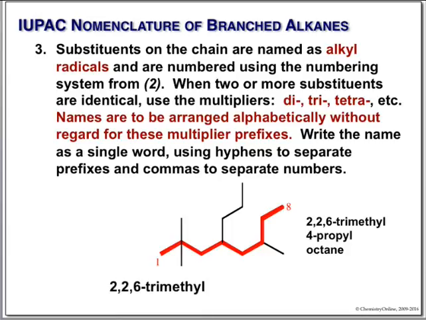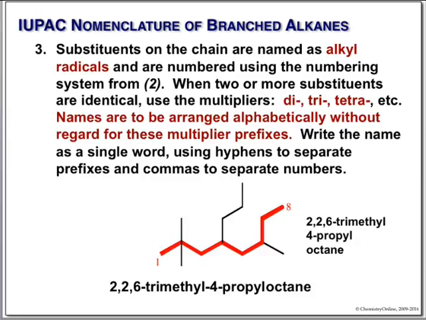Now attached to this chain also, we have a propyl group at carbon 4. Going to put a dash in to separate it and say 4-propyl. And finally, with no space at all, we will indicate our parent is simply an octane. 2,2,6-trimethyl-4-propyloctane.